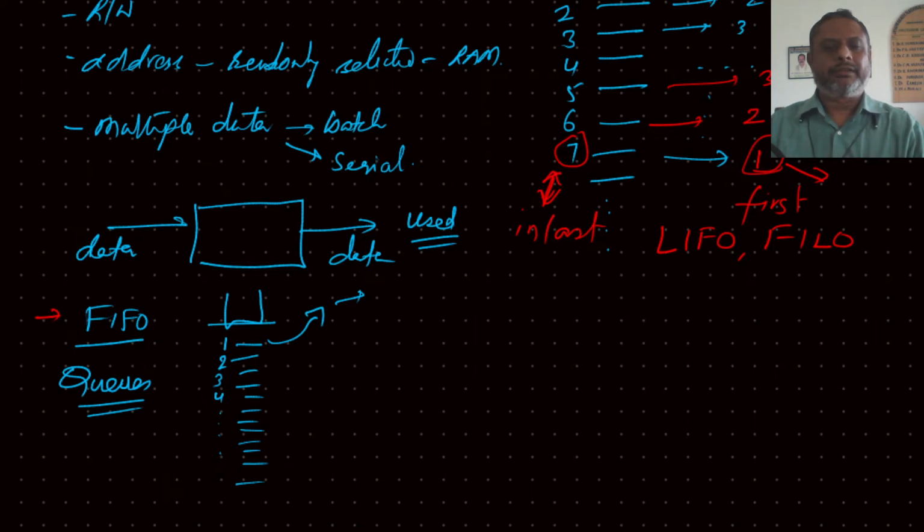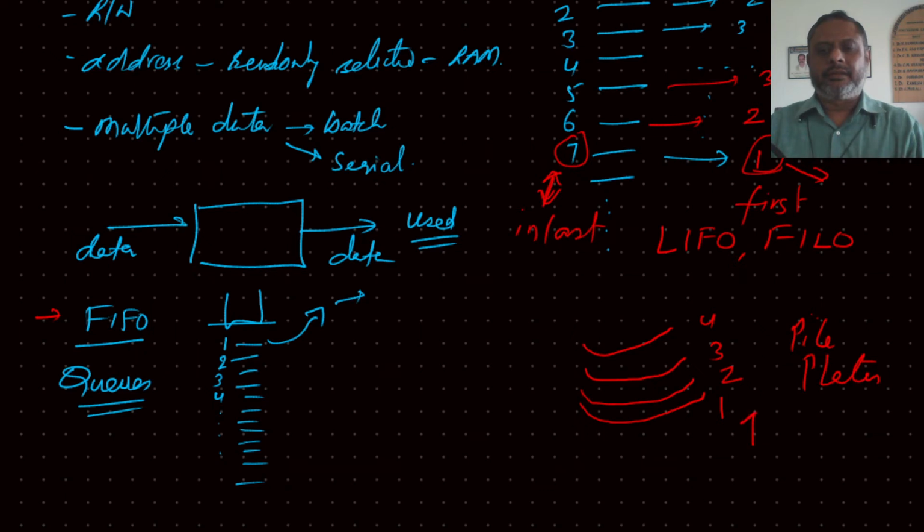So look at another situation where we pile up the plates. Say plates are there, so we put the first plate, then we put the second plate over it, then we put the third plate over it, then we put the fourth plate over it, and so on. So we just pile the plates.